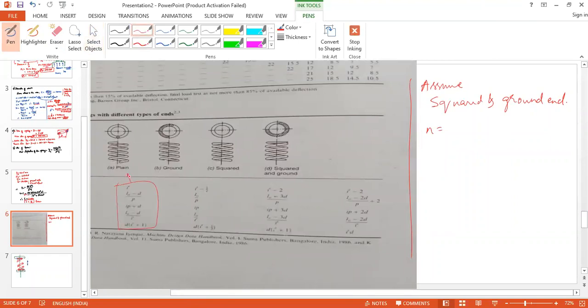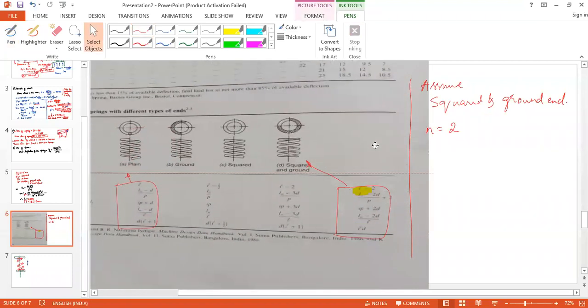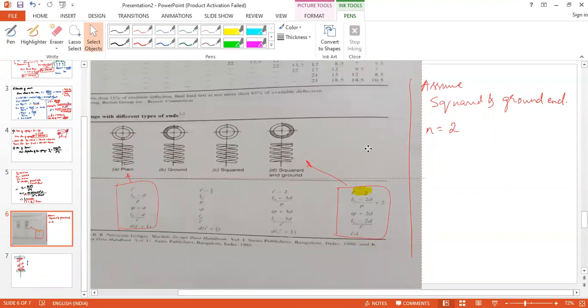These equations correspond to plain and this corresponds to square and ground. Looking at this table, the number of inactive coils will be 2. Any doubt? No, sir.